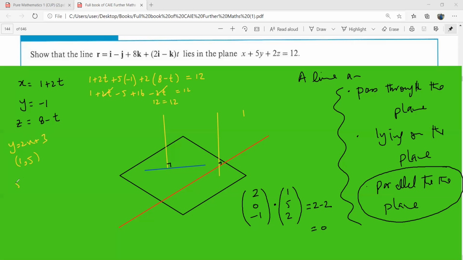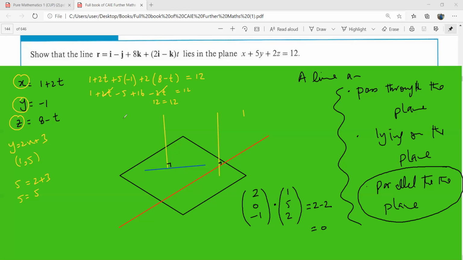If you substitute this point into this equation, you always end up with an identity. So this was one way of verifying if a line really lies on the plane: you substitute the x, y, z into the plane, you end up with an identity.